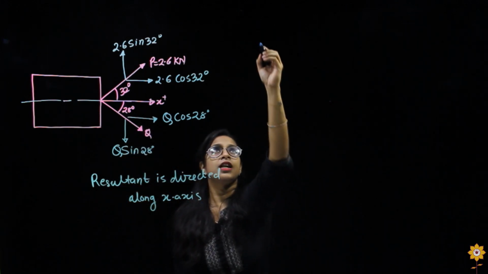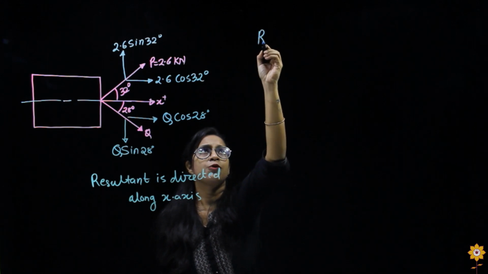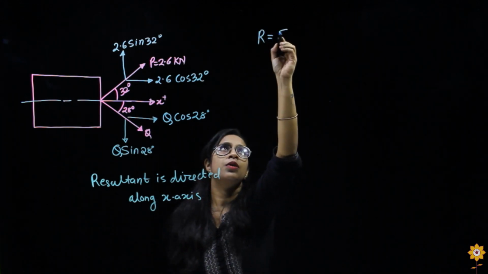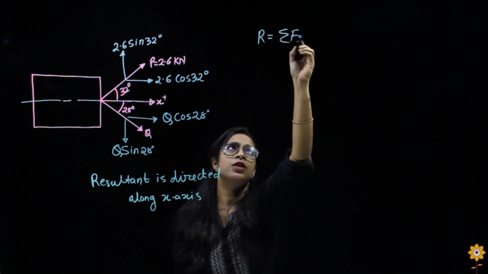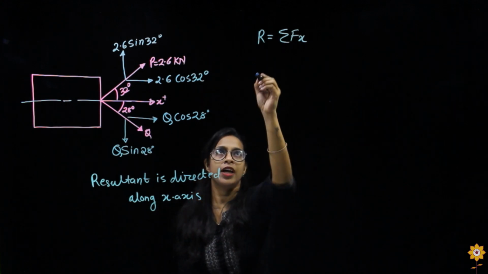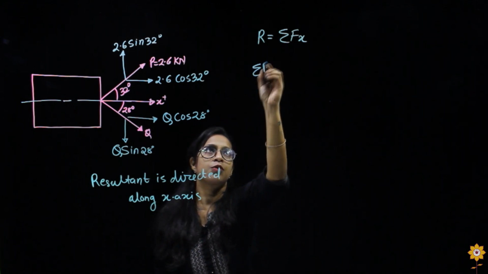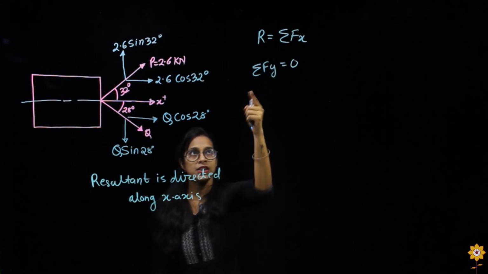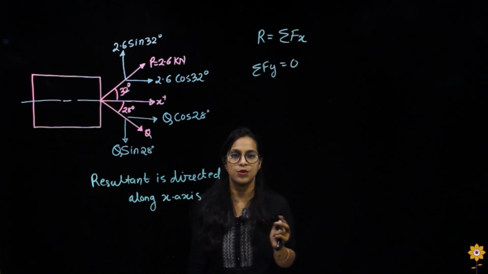That means the resultant force is along the x-axis. So our R will be equal to F of x. And if R is equal to F of x, my F of y would become 0. So these are the two equations that we have to solve now.